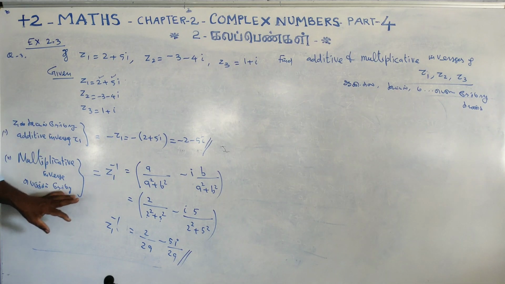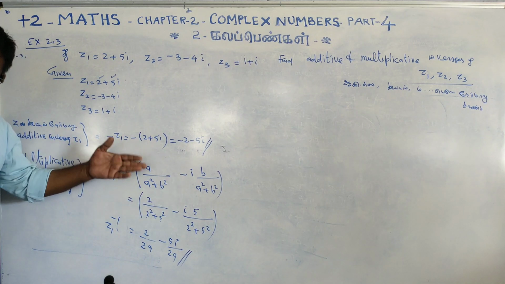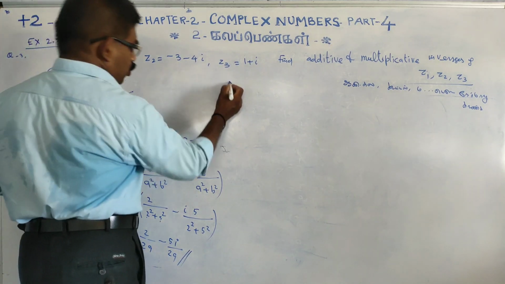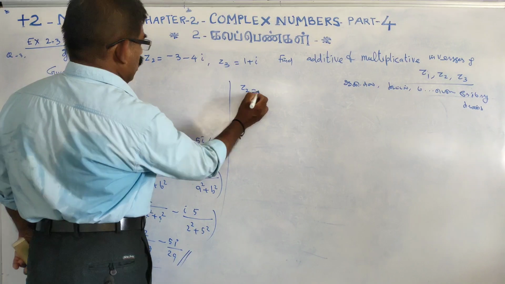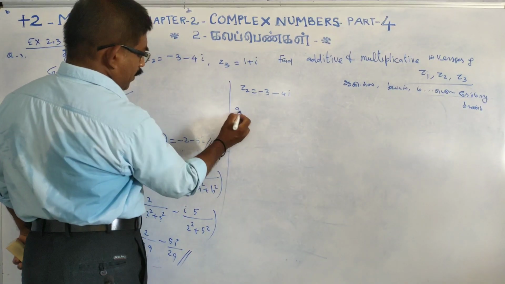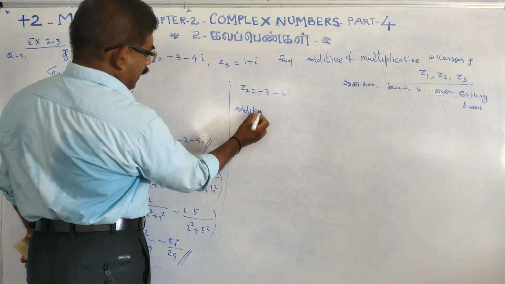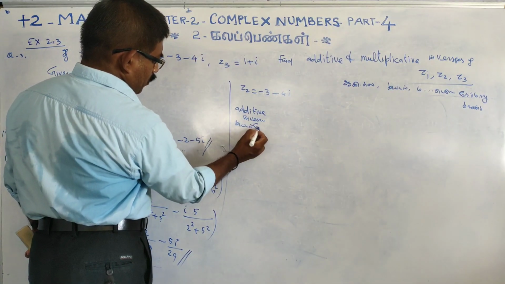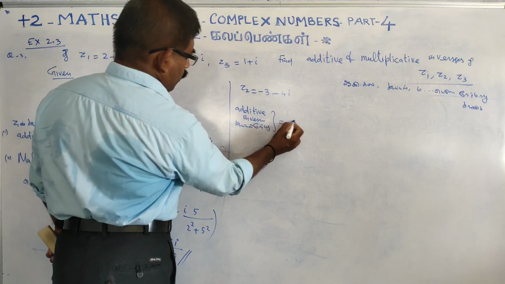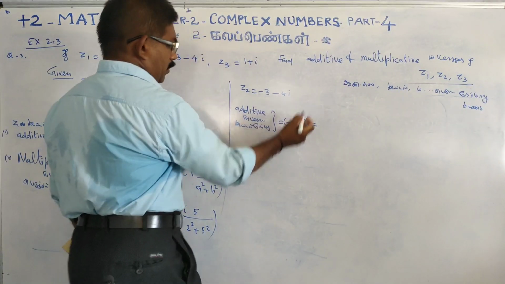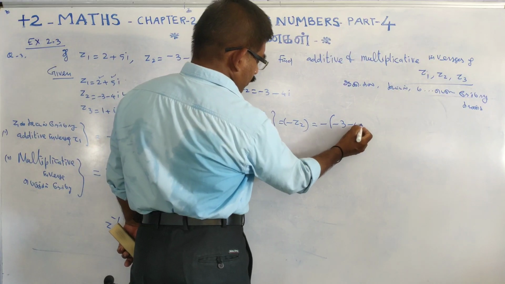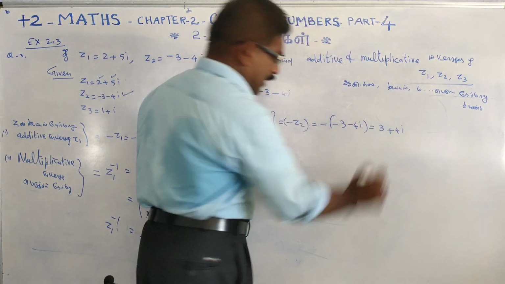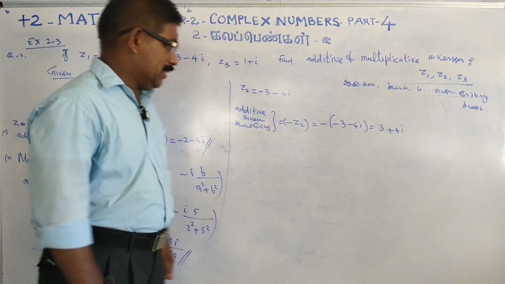This is the additive inverse, கூட்டல் நேர்மாறு, and this is the multiplicative inverse. How this formula came, I showed in the previous sum. OK, next one is z2. z2 equal to minus 3 minus 4i. Additive inverse, கூட்டல் நேர்மாறு, equal to minus, multiply by minus: minus into minus plus 3 plus 4i. This is the additive inverse.